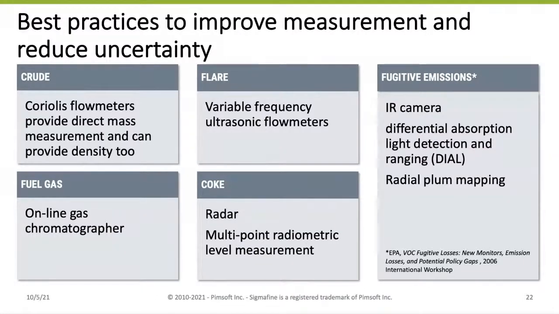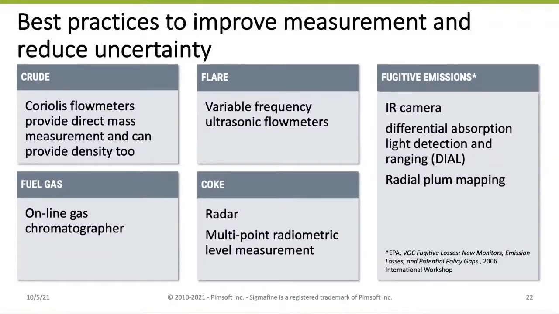Another critical area is flares, which typically see quite a variable flow rate and also variable composition. Therefore, orifice plates are often inaccurate. And so variable frequency ultrasonic flow meters provide much more accurate measurements.